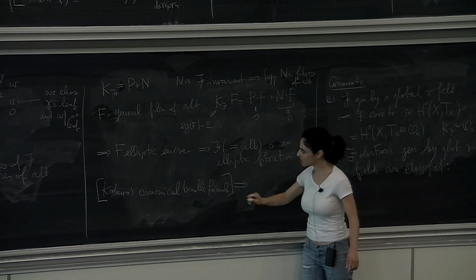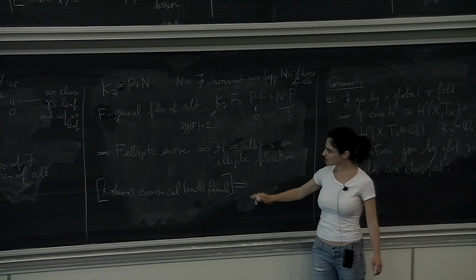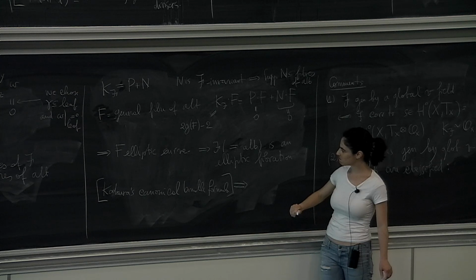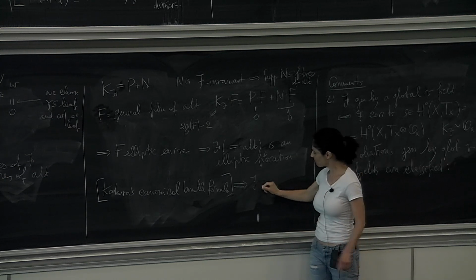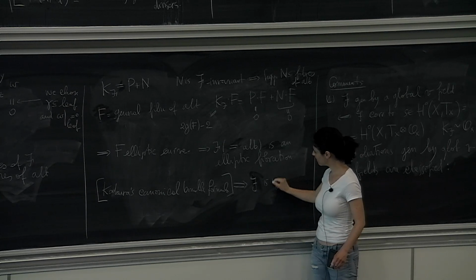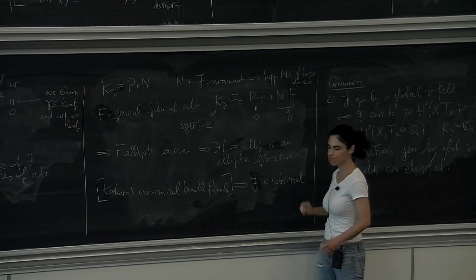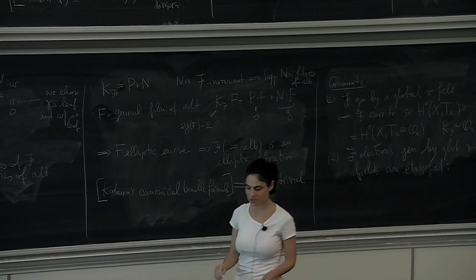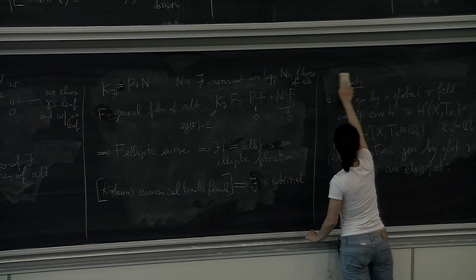But, well, if you want to ask questions later, I'm happy to answer. Using this thing, we can prove much more. We can prove that F is isotrivial. And isotriviality for elliptic fibrations means something very strong.